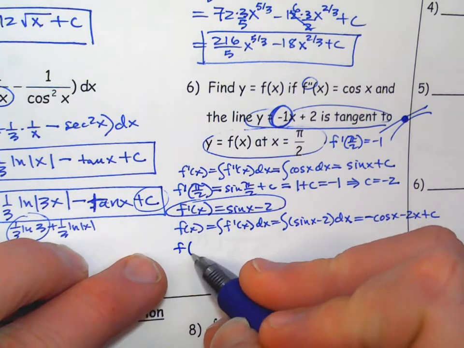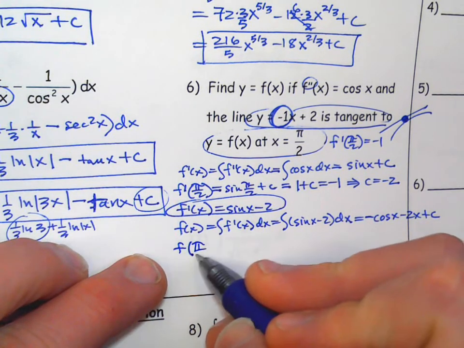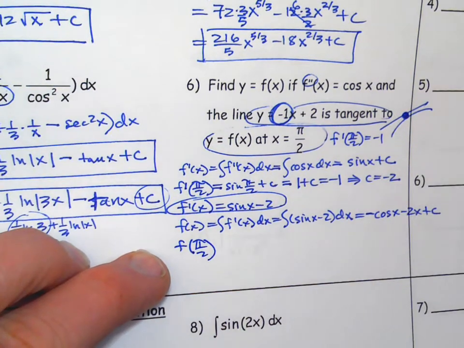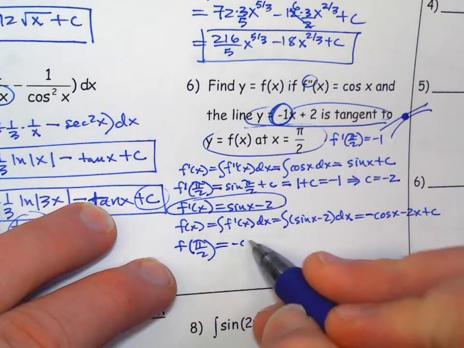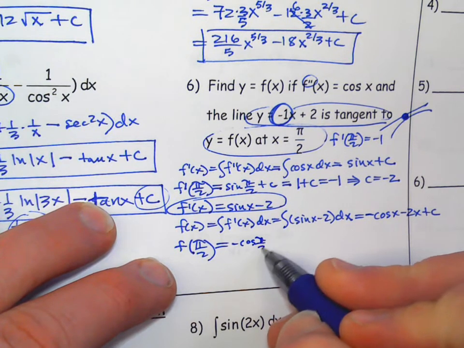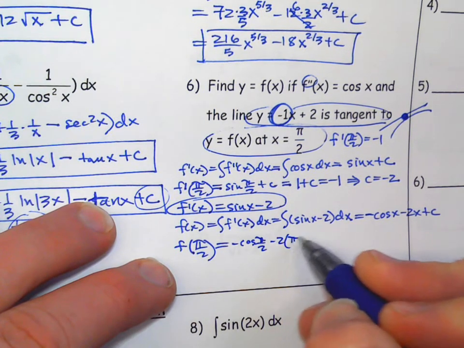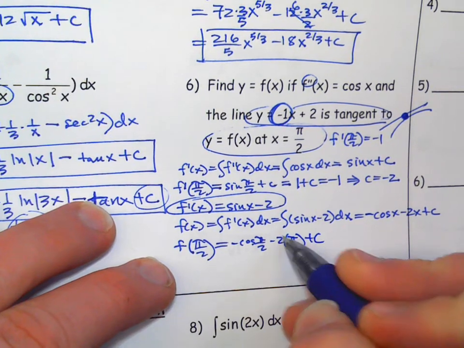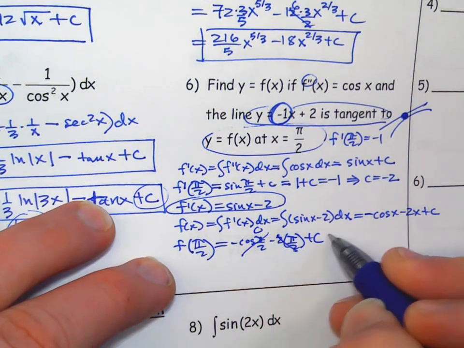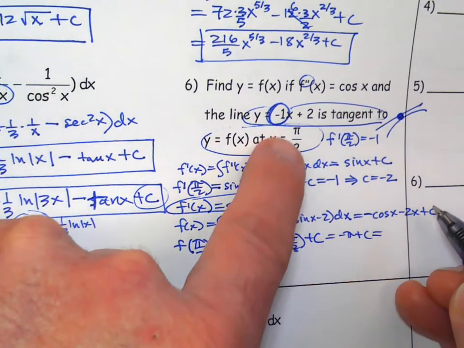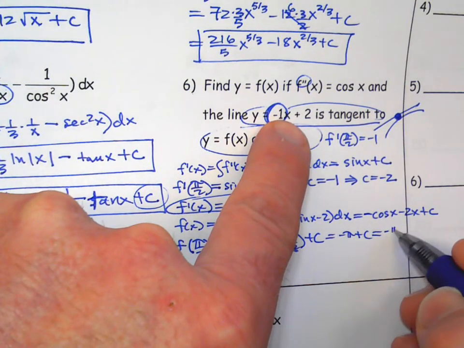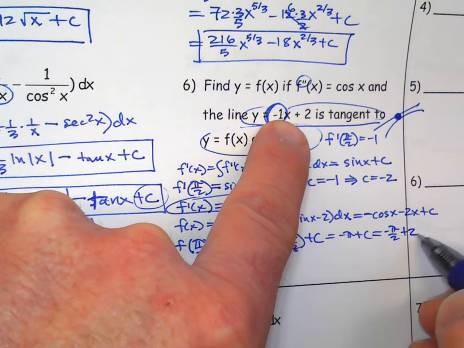So if you plug pi over 2 in here, you get negative cosine of pi over 2 minus 2 times pi over 2 plus c. Cosine pi over 2 is 0, so we get negative pi plus c. Now, f of pi over 2, if you plug in here, is negative pi over 2 plus 2.